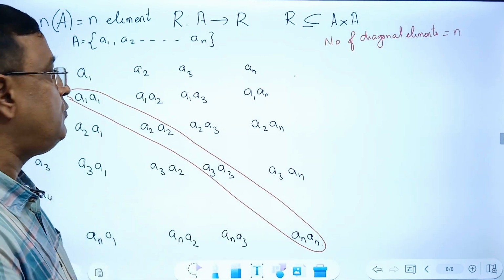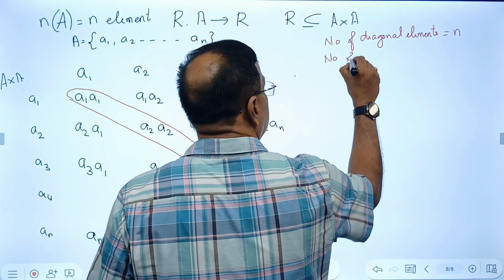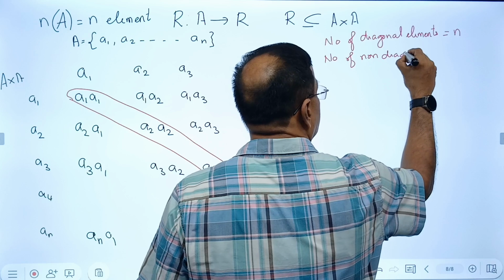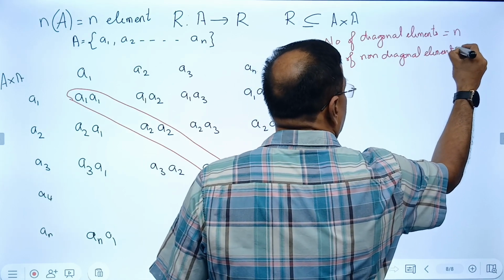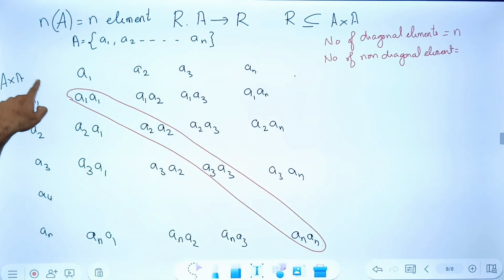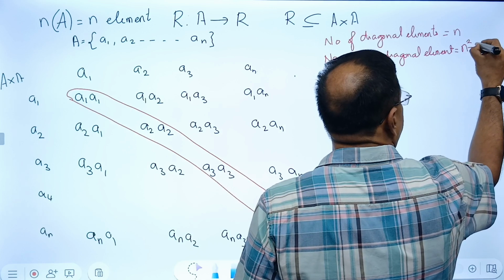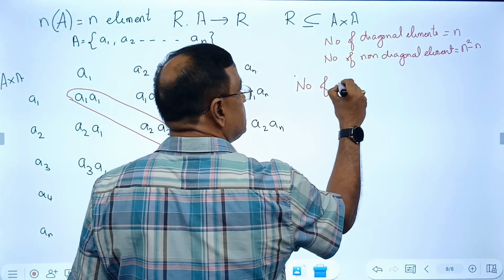What will be the number of non-diagonal elements? What's the total number of elements? The total number of elements is n square. From that I remove the diagonal elements, so it is n square minus n. Now, I am talking about the number of reflexive relations.